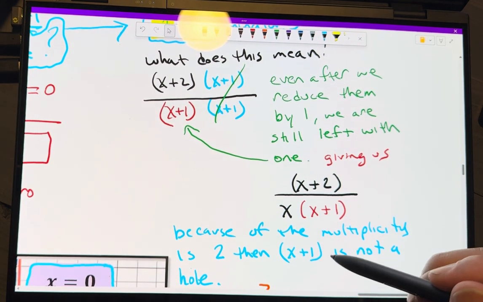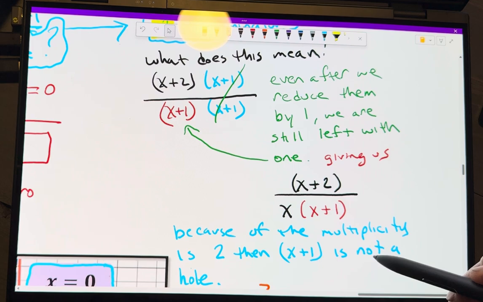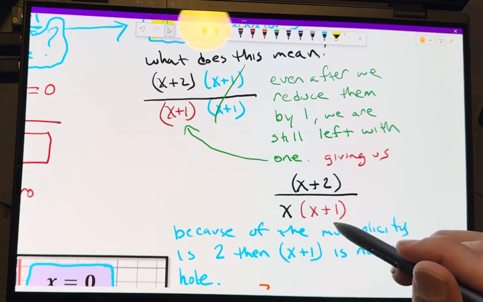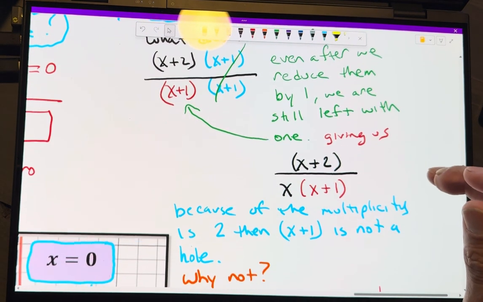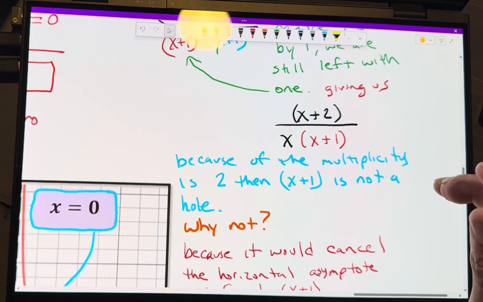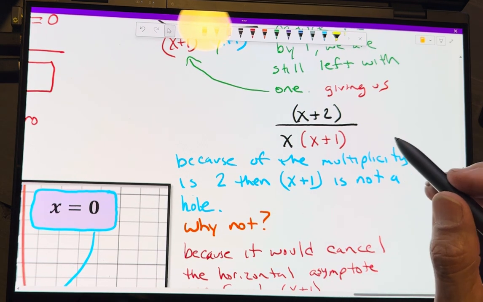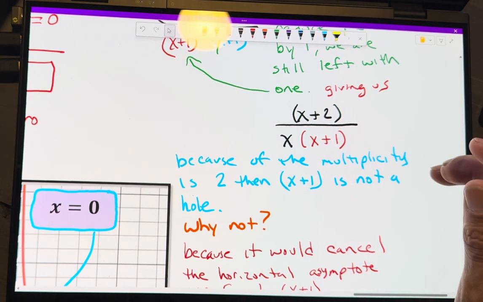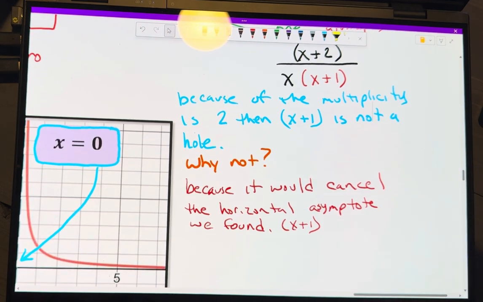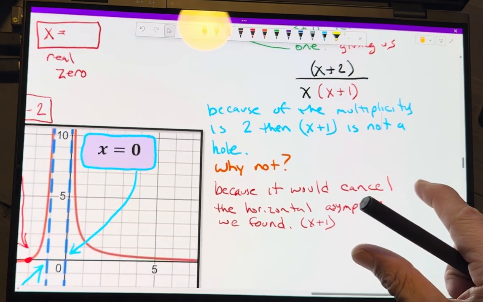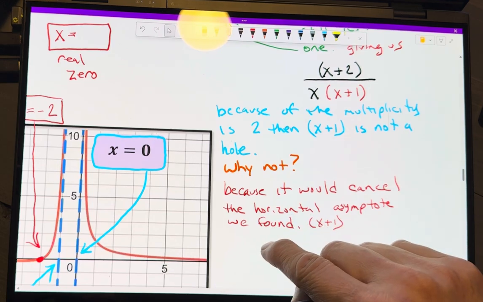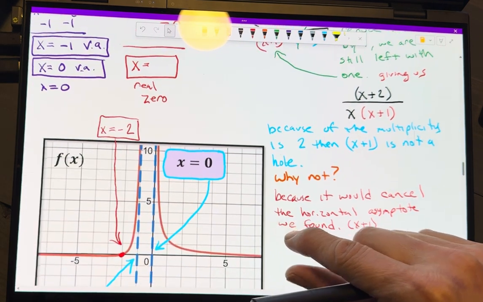And because the multiplicity is 2, then x plus 1 is not a hole, because this still exists. And it's not a hole, it's a limit.